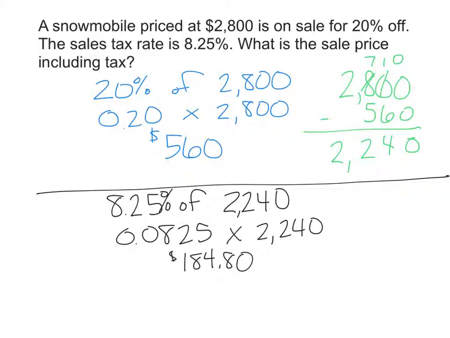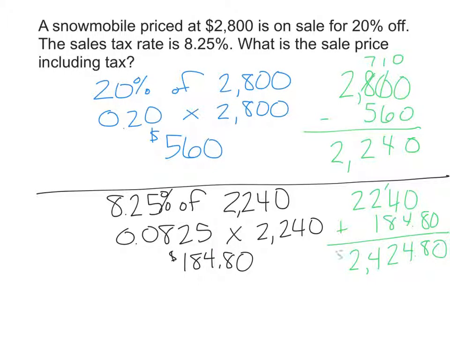So that is our tax. That means we need to add it to our price that we start with. So, 2,240, and we are going to add 184.80, which will give us, 8 plus 4 is 12.